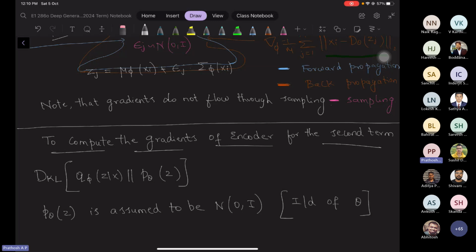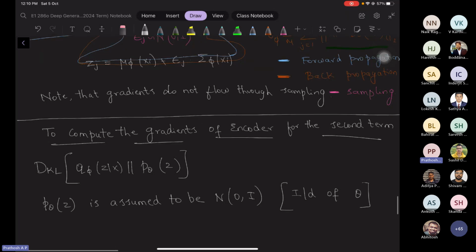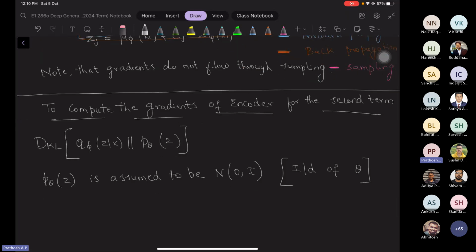This is a model assumption that is made, and there are lots of other improvisations over VAE that would question this and make it dependent on theta also. For the naive implementation, this is assumed to be Gaussian 0 1 and independent of theta. So in that case, q phi of z given x is a Gaussian with mu and sigma, right?